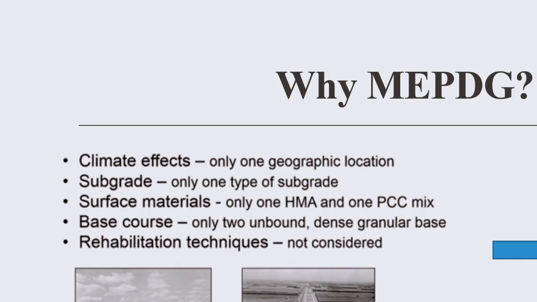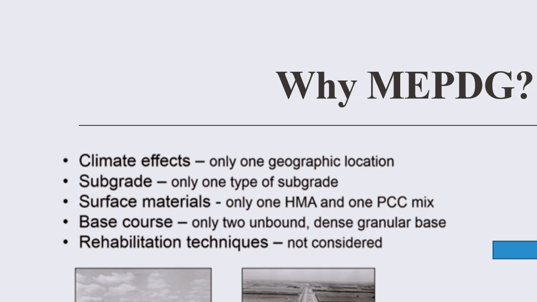Subgrade, I don't need to talk about it, certainly also affects it. The surface material, if you look at AASHTO, they looked at two main types of pavement materials, mainly HMA and PCC. Those who have used AASHTO before.